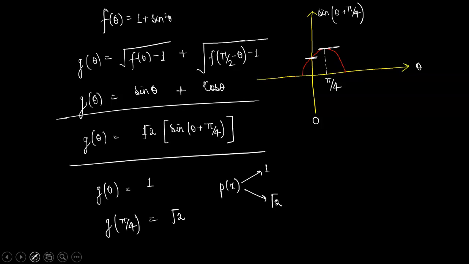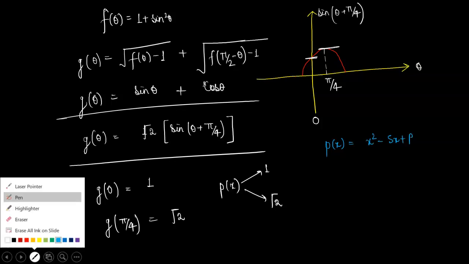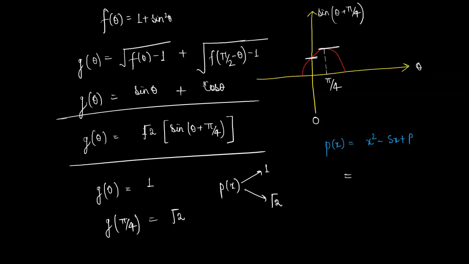It is like this: you write p(x) is equal to x square minus Sx plus P. Okay, so S here is the sum of the roots, and P will be the product of the roots. So x square minus (1 plus root 2) x plus root 2.